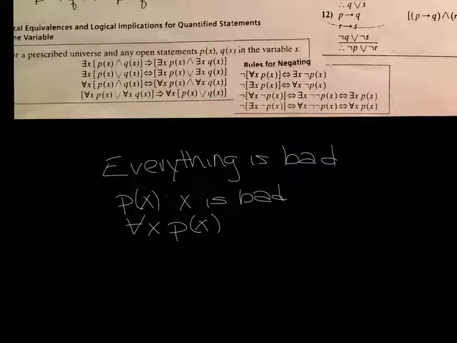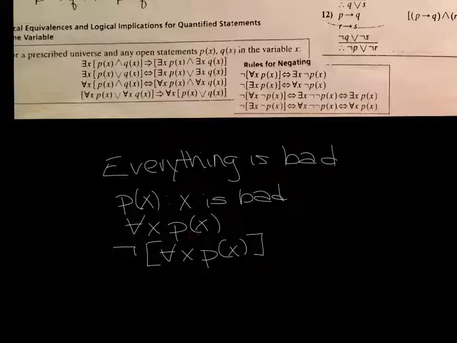If we write this statement in a logical form, we would say p of x, where x is bad, and then our everything is bad statement becomes, for all x, p of x. Now let's think about what will happen if we negate this statement. So we have the negation of for all x, p of x. Now some people would say the opposite of everything is bad is everything is good.